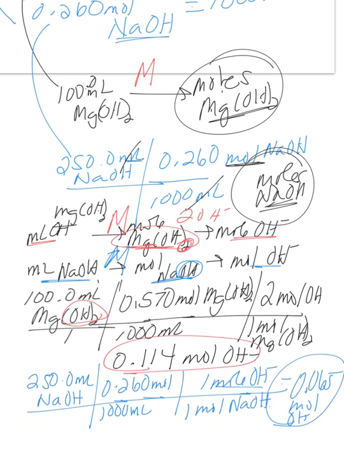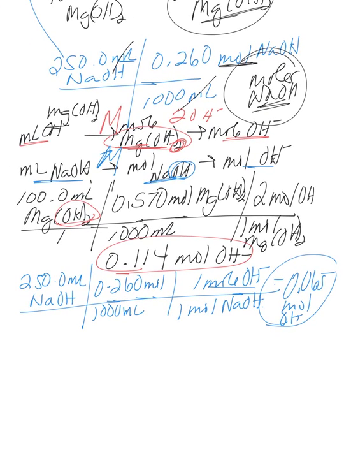Now you add these two together, okay? So you add 0.114 mole of OH minus from the magnesium hydroxide plus 0.065 mole from the sodium hydroxide.